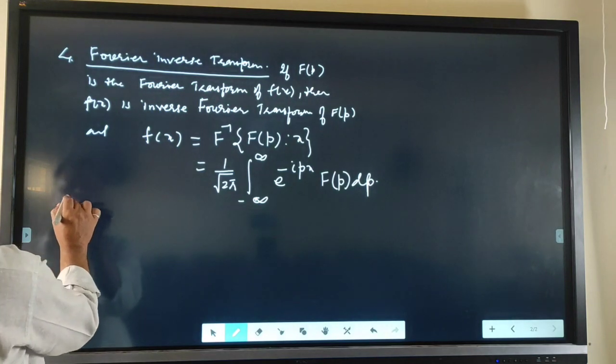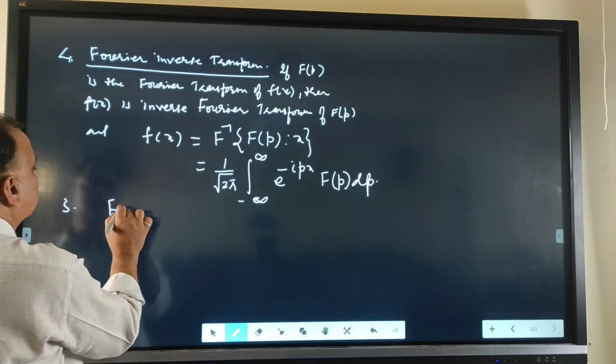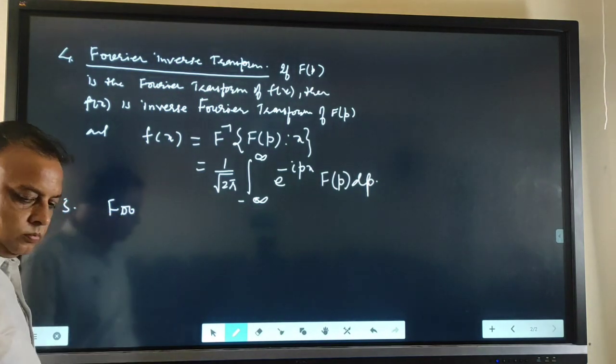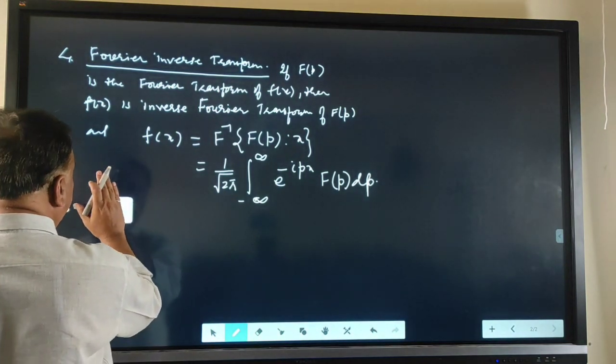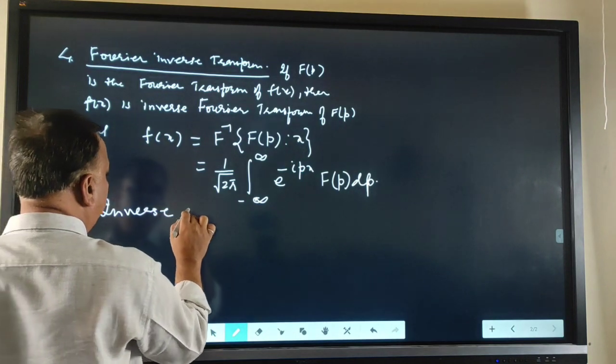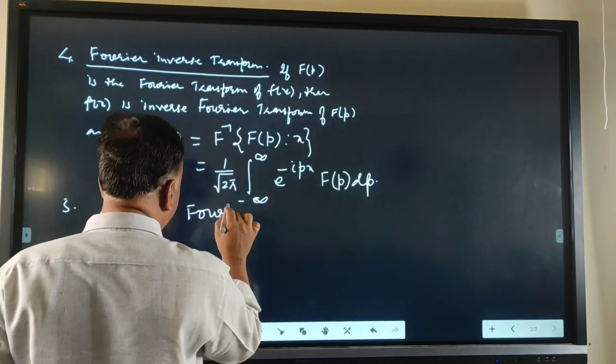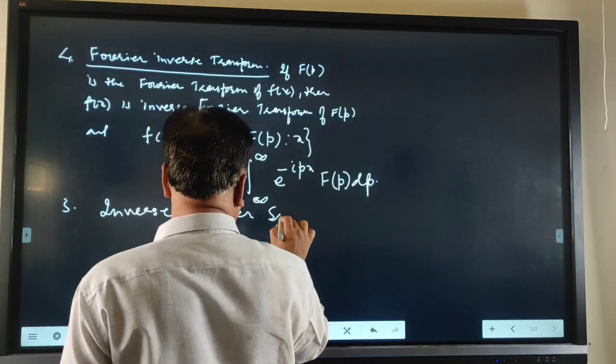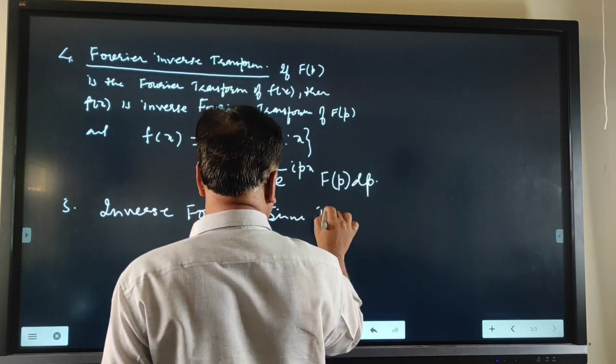Similarly, the inverse Fourier sine transform.